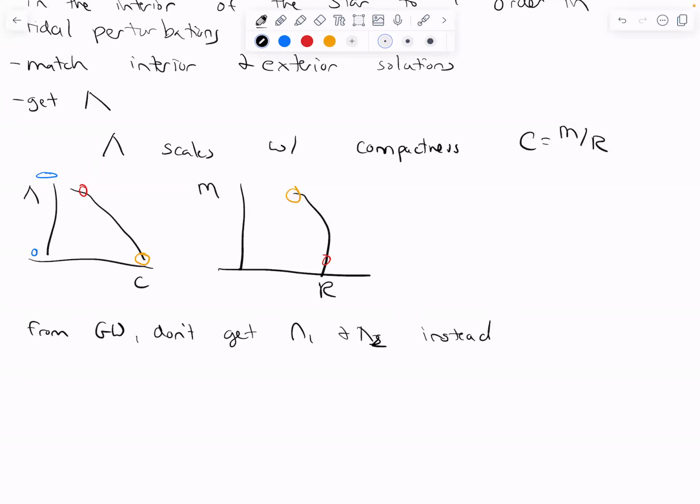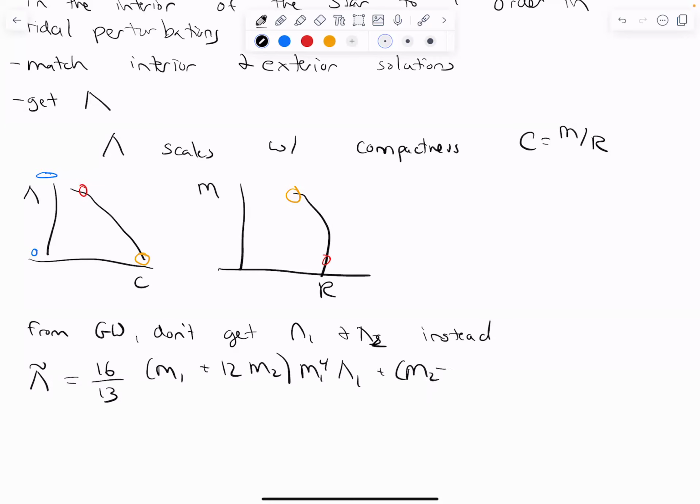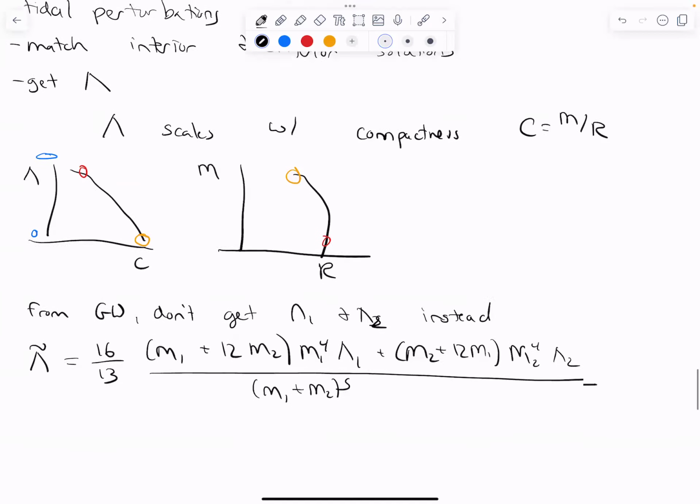Instead, you get this guy here, lambda tilde, which is 16/13 times (m1 plus 12 m2) m1 to the 4th lambda 1 plus (m2 plus 12 m1) m2 to the 4th lambda 2, all over (m1 plus m2) to the 5th.